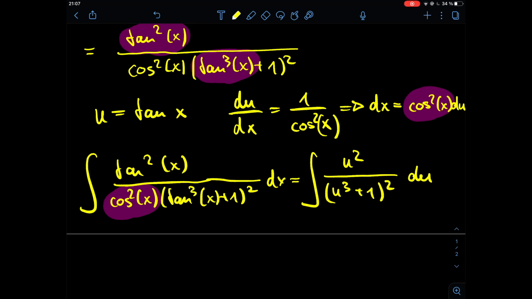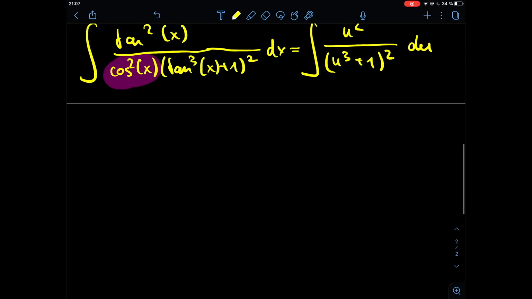And now we can do another substitution. Our new substitution variable z is equal to the whole term inside of the brackets. So z is equal to u to the power of 3 plus 1.